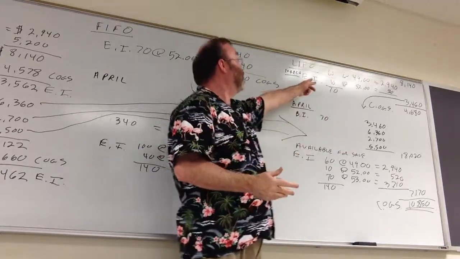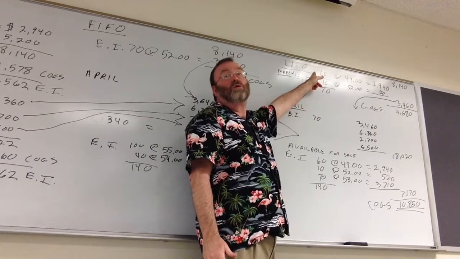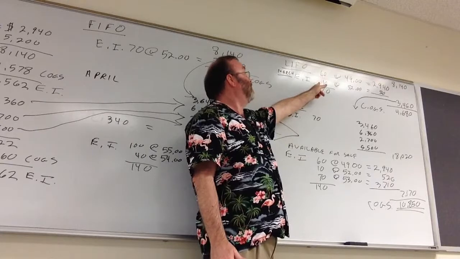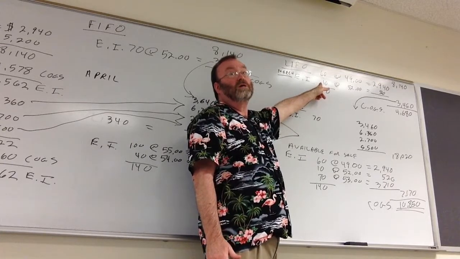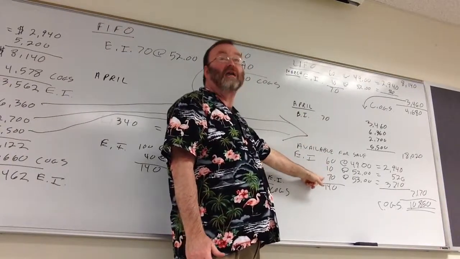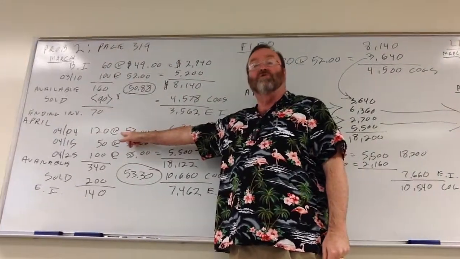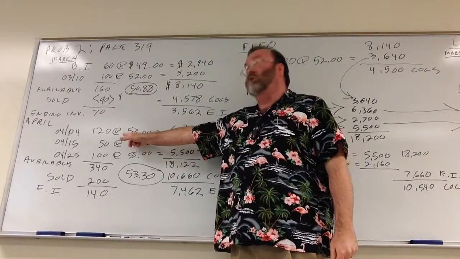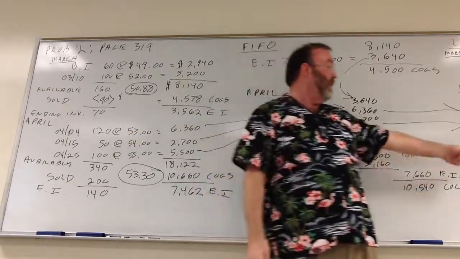Well, the oldest ones were 60, that dates back to the beginning inventory for March, plus 10 that we had left over at the end of March. So that's 70 of them. And then we need to identify another 70. Well, the first purchase that we made in April was on the 4th. We bought 120 of them at 53. So that's the last block.